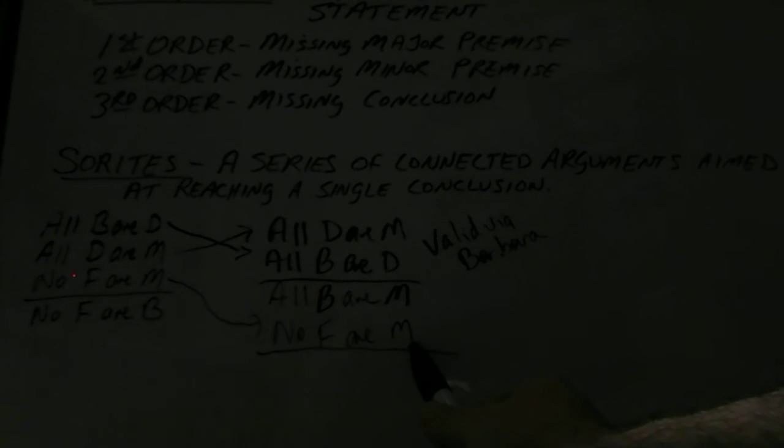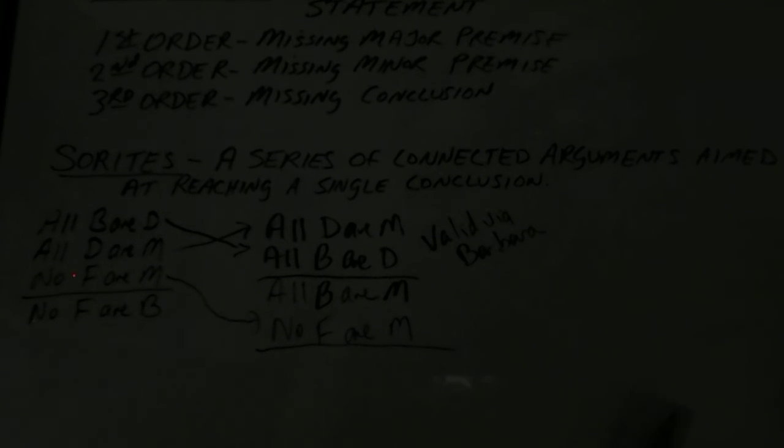Okay. But now there's one more line here. So let's go ahead and bring that over here. No F are M. So now what you're looking at is that the conclusion that you've derived from this, all B are M, becomes another premise, to which we add the remaining premise from over here, no F are M. And so now we have A, E, figure 2.